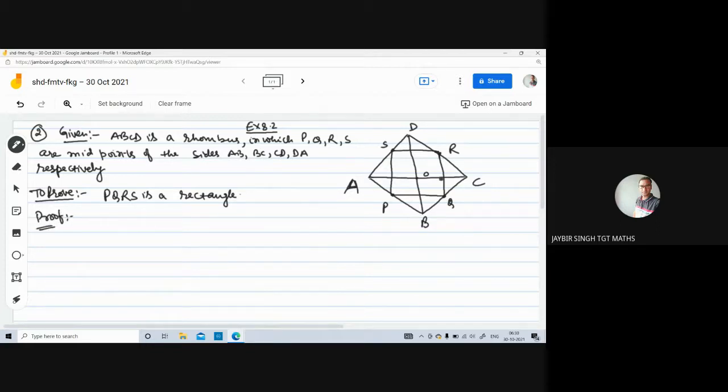See, in triangle ABC, P and Q are midpoints of AB and BC respectively.